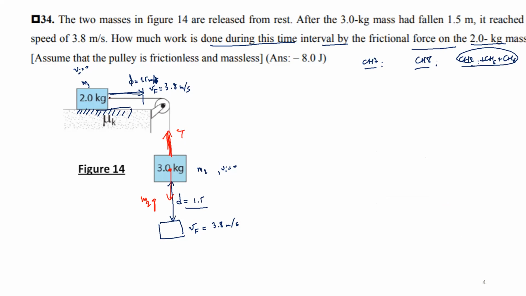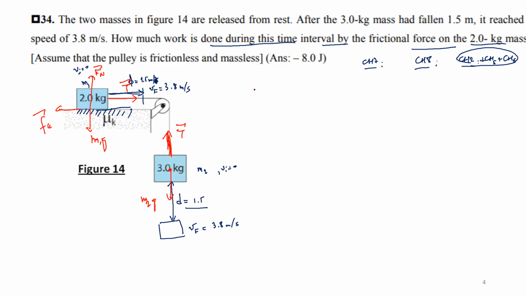And now here, of course, I will have tension here. And again, the tension here is the same as the tension here in magnitude, right? Because it's the same cord. Now here, of course, I will have frictional force, Fk. Of course, I will have gravitational force, M1G, and I will have normal force, but they are not participating in the motion here. So I have looked at the free body diagram of each of them individually.